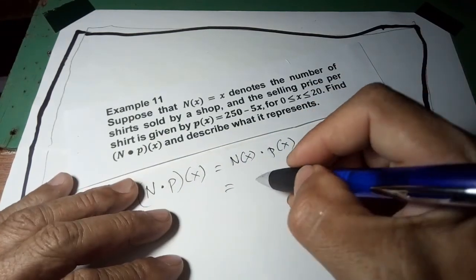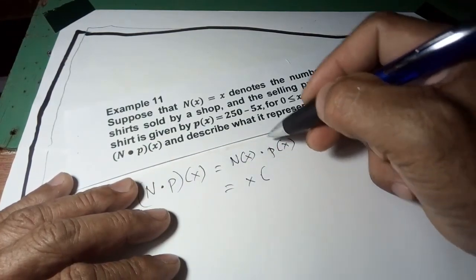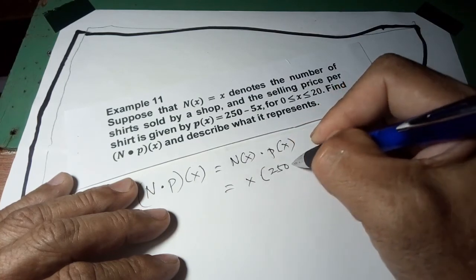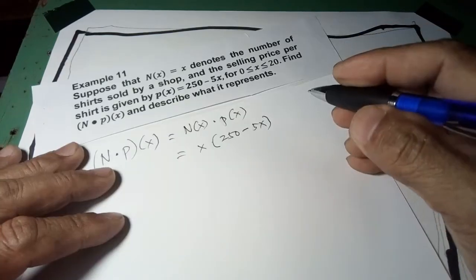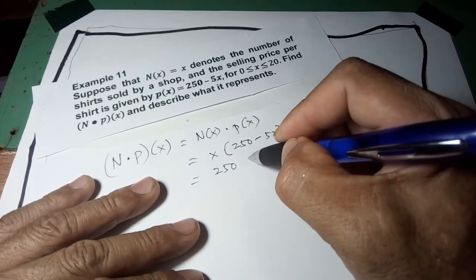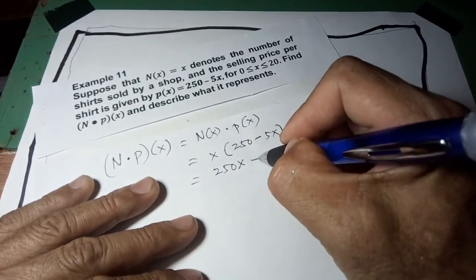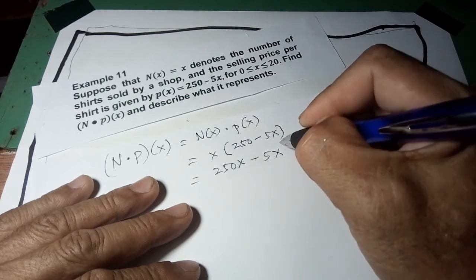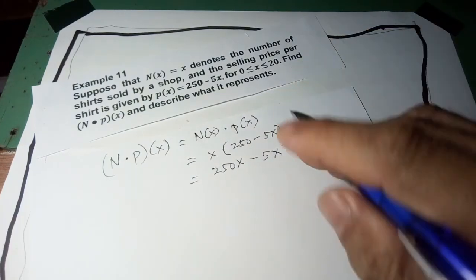Our n of x is x, times p of x, which is 250 minus 5x. So distribute x: 250x minus 5x squared. x times 5x is 5x squared.